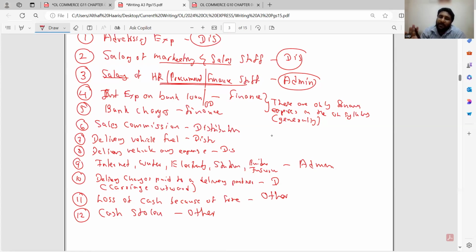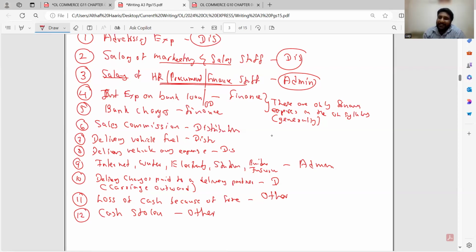Then people, everyone tell me, for the second part of the income statement, what do you take? One is other income, and 4 types of expenses. Last one, cash stolen. A thief came and took the money.